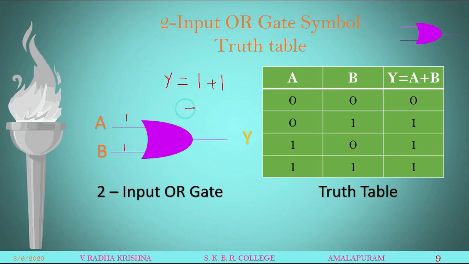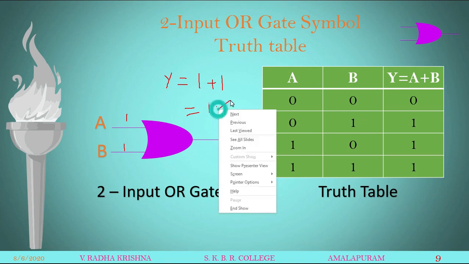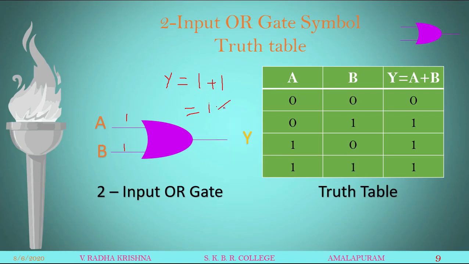So high plus high is nothing but high. So by logically adding high with high, we will get a high value that is represented by 1 also. Thus y is equal to 1 for a is equal to 1 and b is equal to 1. Hence last entry is also verified.